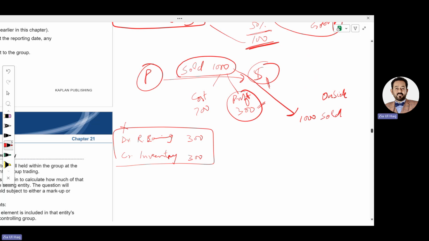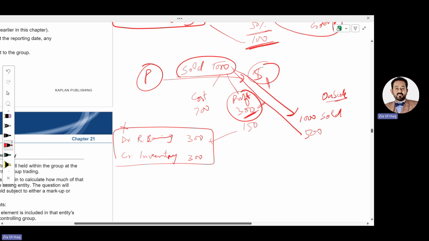It is not remaining in the group. This 300 is realized profit. If half of this has been sold outside the group and half is still remaining within the group in the subsidiary financial statement, then we need to eliminate the profit with the half amount.